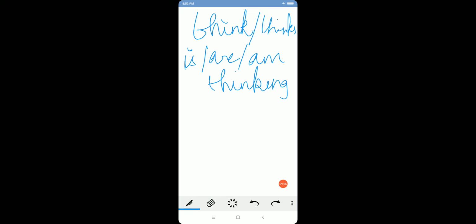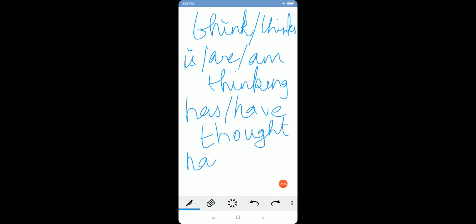So what is present perfect tense? Has or have. What is the past participle for think? The past participle for think is thought. So has or have thought. So what is present perfect continuous tense? Has or have been thinking. This is present perfect continuous tense, right?